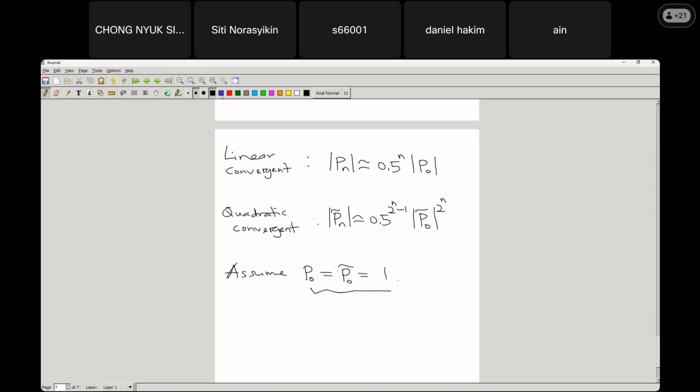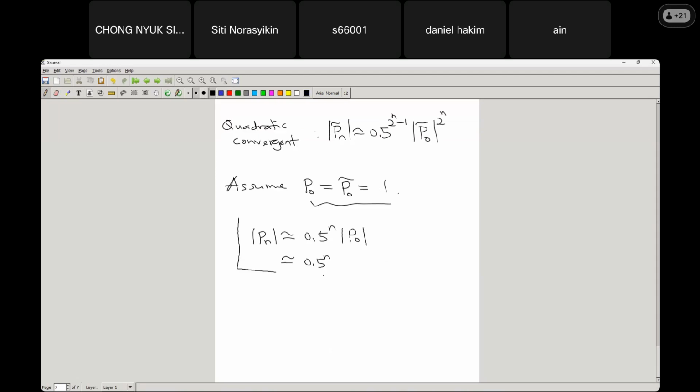So I'm going to have Pn is approximately 0.5 power of n and then P0. This is equivalent to 0.5 power of n times 1. Times 1, I'm not going to write. So this is your Pn.